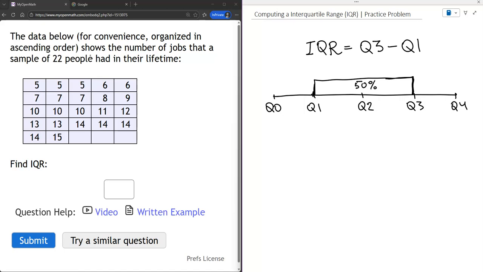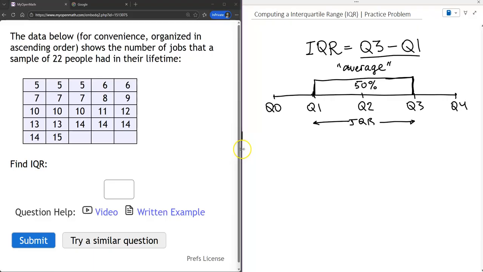So middle class is redefined under these measures, and we simply consider the middle 50% to be the middle class, and the width of that middle class, or the width of what we would call the average, is what we call IQR. So IQR is this width. It's the distance from Q1 to Q3, and therefore this formula makes perfect sense.